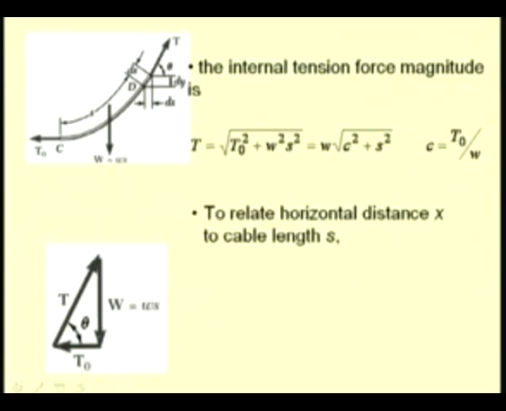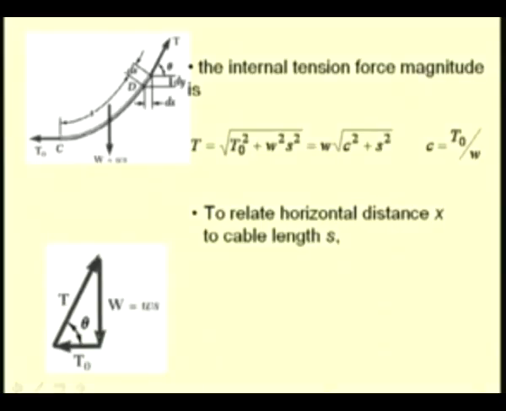Now, let us relate the horizontal and vertical coordinates with the coordinate along the curve, because the weight is distributed along the length of the curve. So, we should be able to correlate the x and y coordinate with the path coordinate, that is the length of the curve.